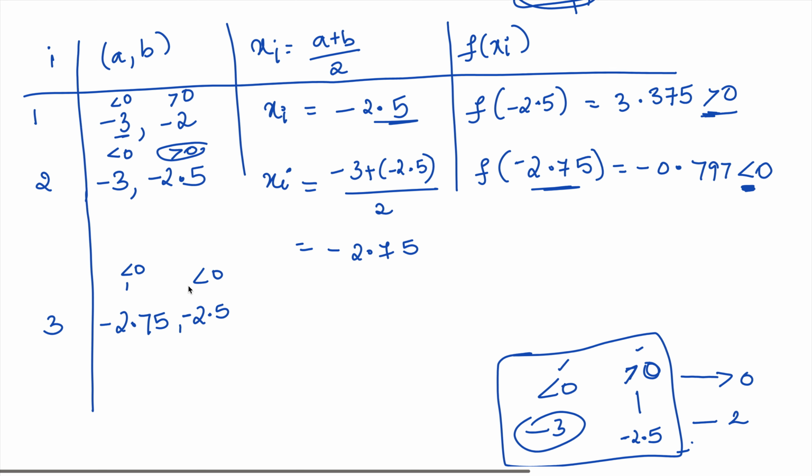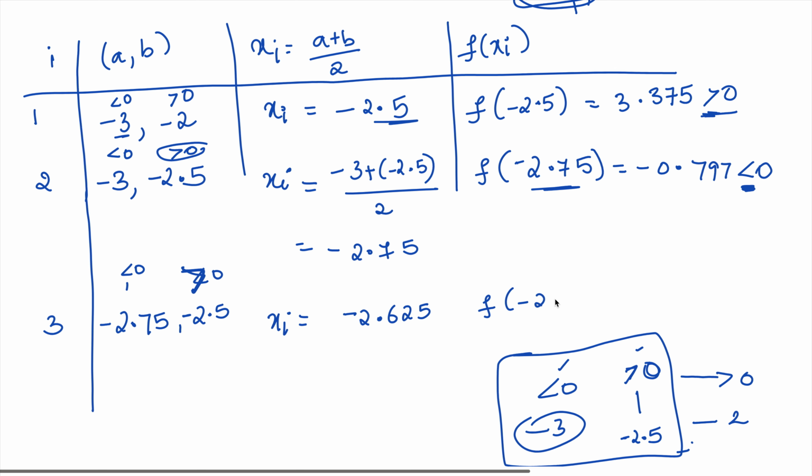So this is less than 0 and this is greater than 0, and the root lies between these two numbers. Now xi is minus 2.75 plus minus 2.5 divided by 2, which is minus 2.625.